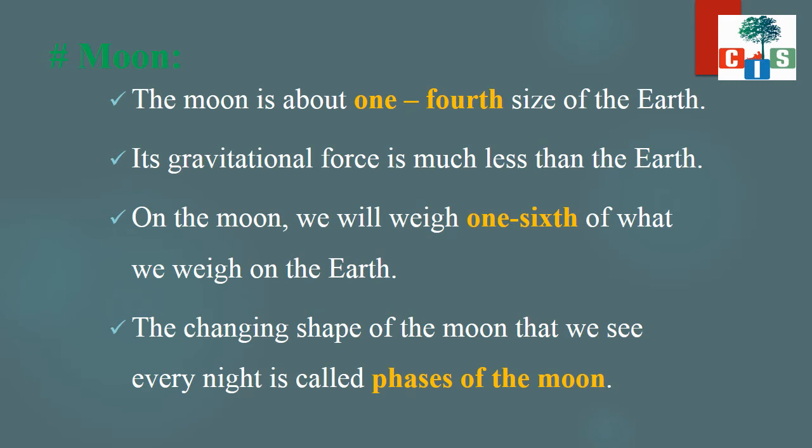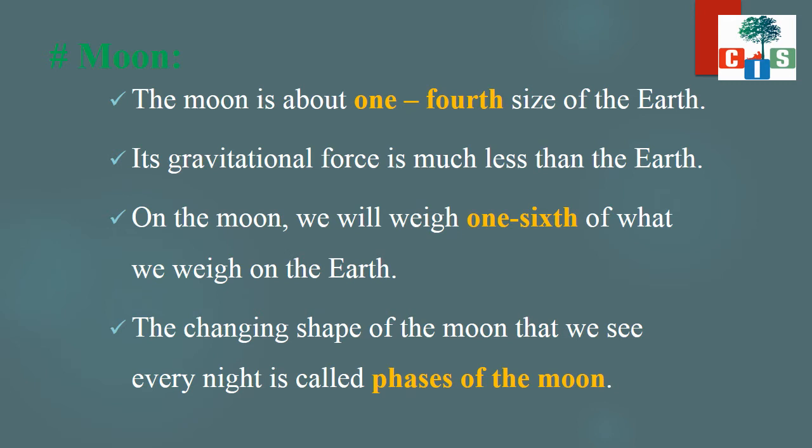The moon is about 1/4 the size of the Earth. As it is small in size, its gravitational force is much less than the Earth's. On the moon, we will weigh 1/6 of what we weigh on the Earth.